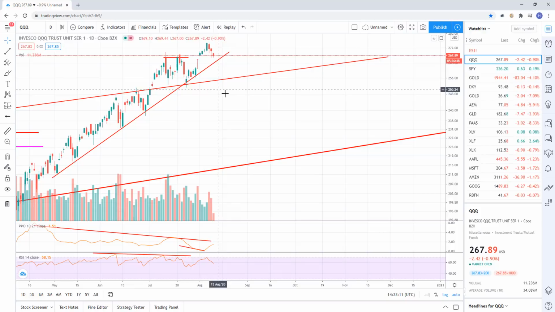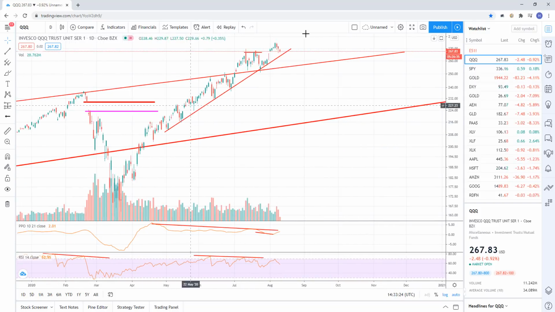And if that happens, then we look for a move down to the bottom of the channel. This is how we put it together over time. So first things first, a break of this minor support line that we've been in for the last part of this rally in 2020. And I spend so much time on tech because tech is basically the market right now.